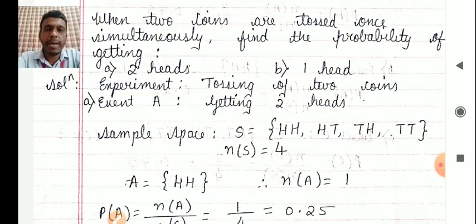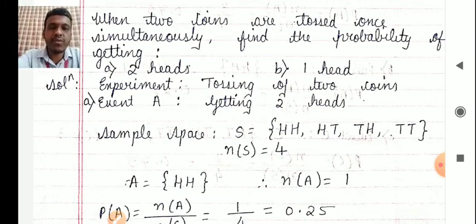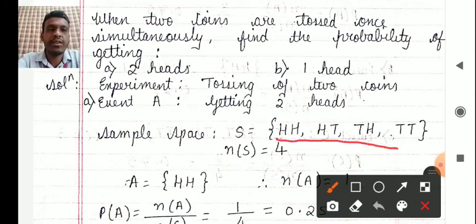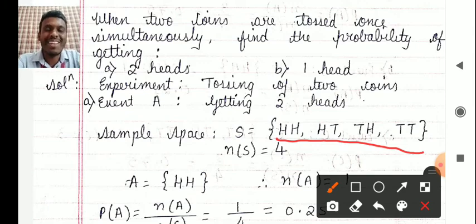Now what is the sample space? Whenever two coins are tossed, the sample space is HH, HT, TH and TT. Always remember this.